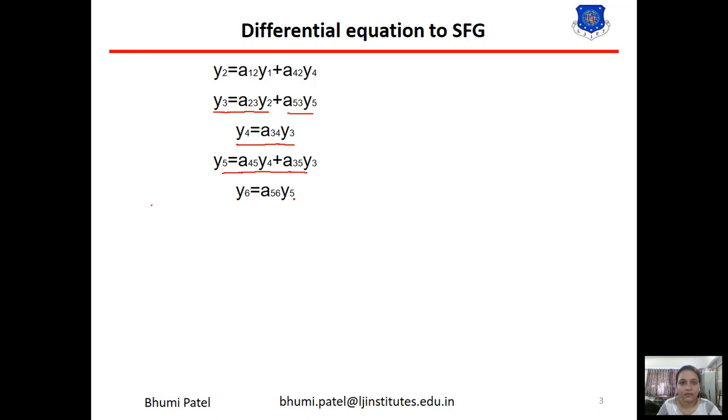Now we have to convert these differential equations into a signal flow graph.